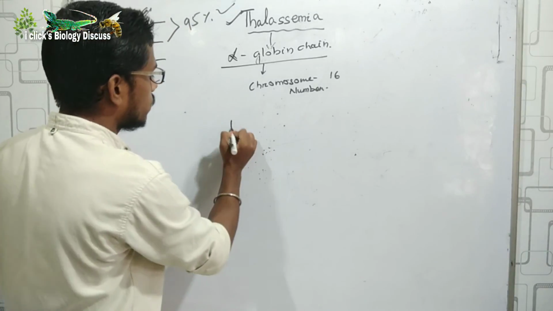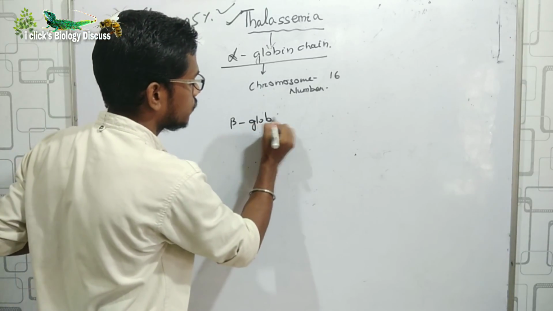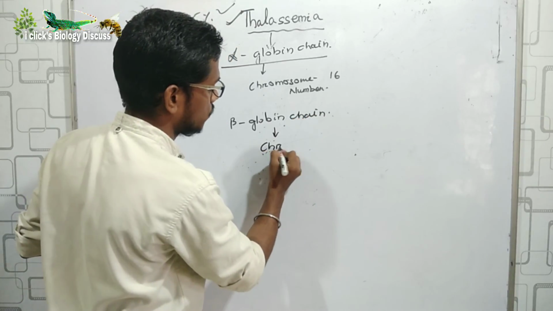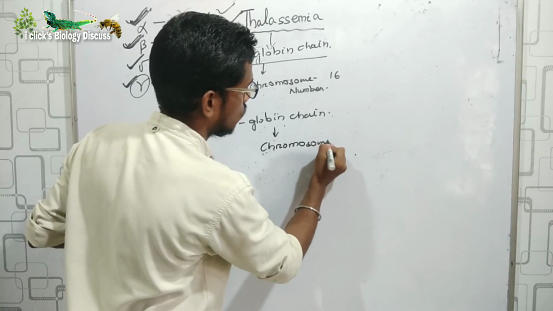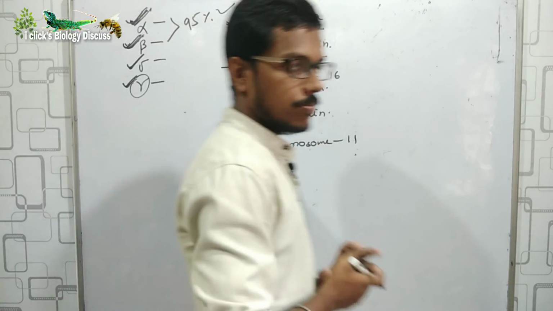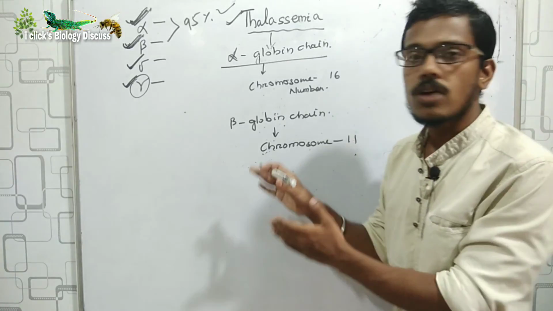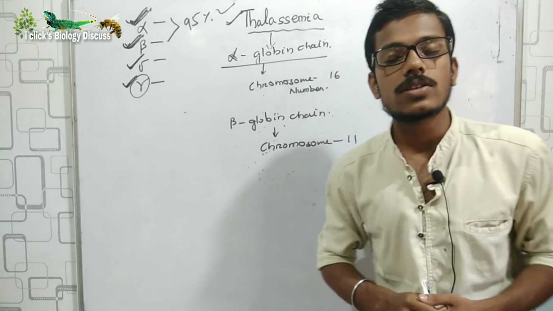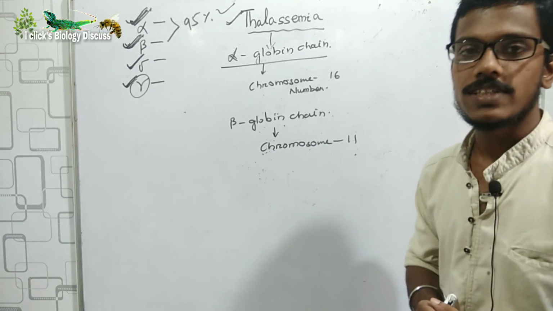And for the beta globin chain, there is chromosome number 11. Chromosome number 11 bears the genes for the synthesis of the beta globin chain, and chromosome number 16 bears the gene for the alpha globin chain synthesis.